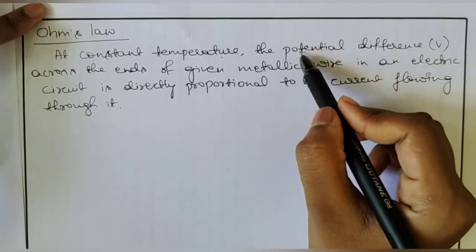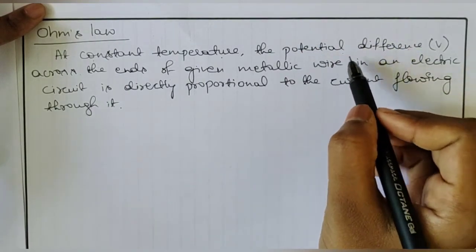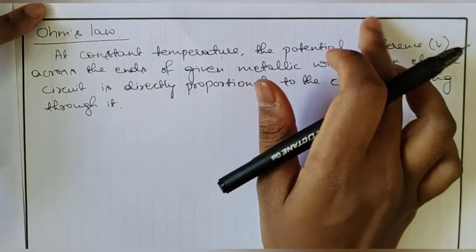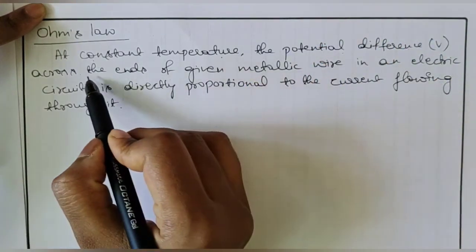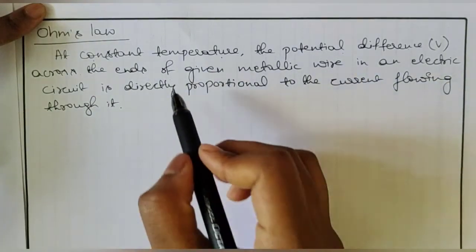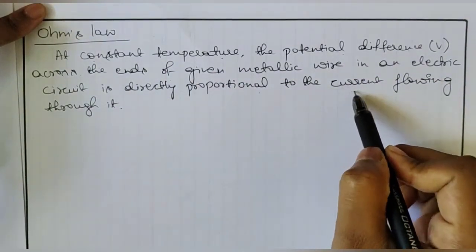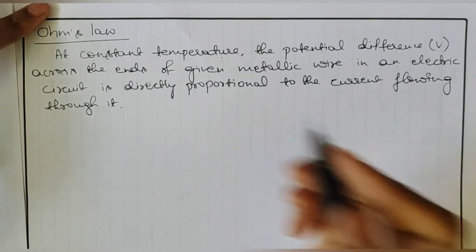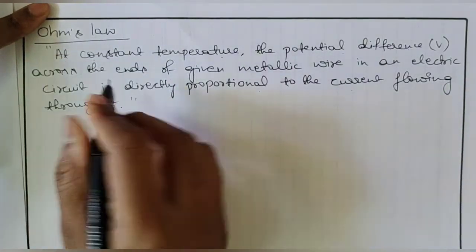Always remember, potential difference we will be measuring between two terminals only. Difference means we need to measure a value between any two terminals. So you need to mention across a given metallic wire or a given conductor in an electric circuit is directly proportional to the current flowing through it. Now listen, this Ohm's law definition is important and you need to reproduce it as it is.